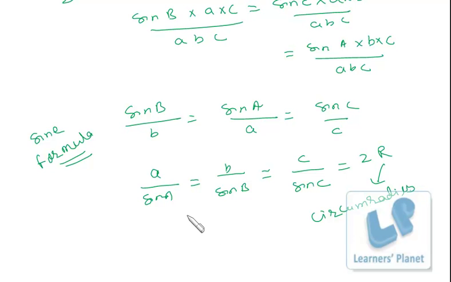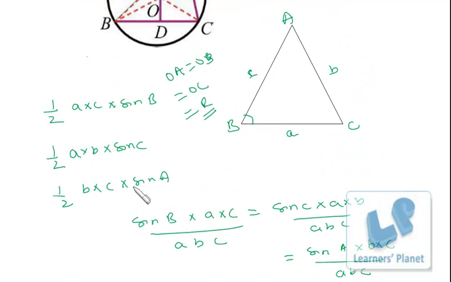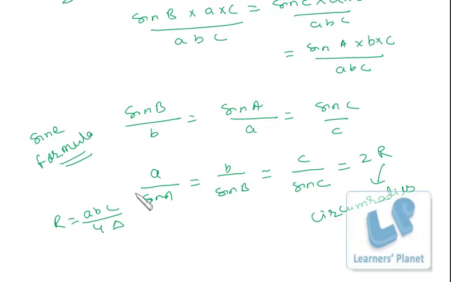One more relation over here is circumradius is equal to ABC upon 4 times the area of the triangle. A, B, C are the lengths of the sides of the triangle. The area of the triangle I'm just writing as delta. So circumradius will be equal to ABC by 4 area of the triangle.